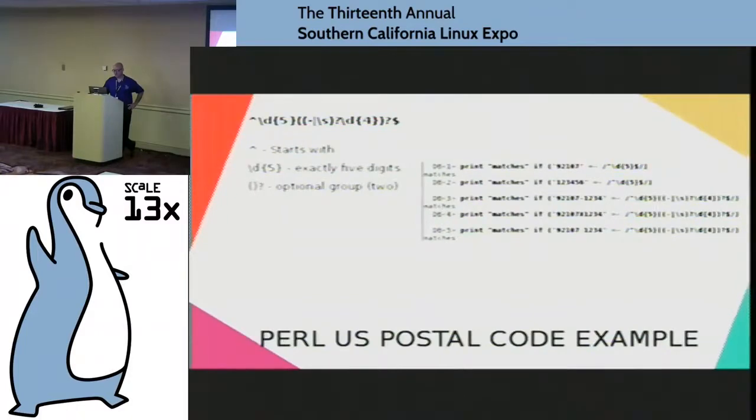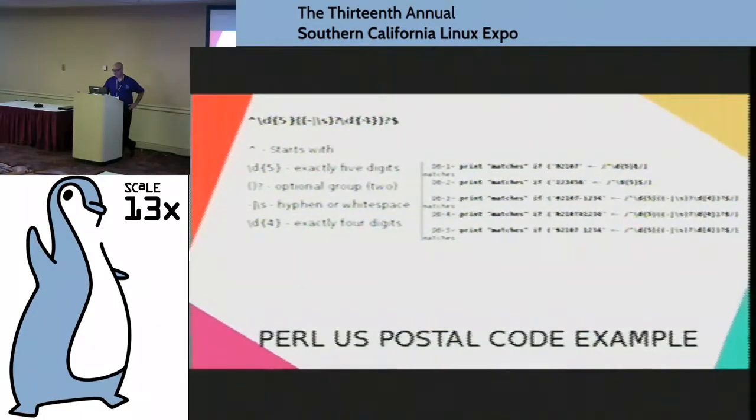And then optionally, before those 4 digits, we might have a hyphen or a white space character. That's there, the hyphen or the white space character. And then we have exactly 4 digits for that optional group.